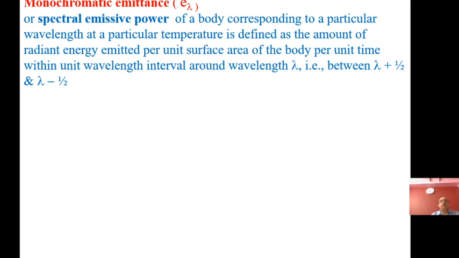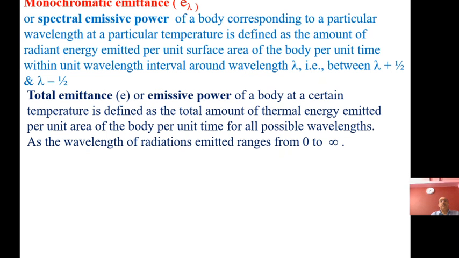For a particular temperature, it is the amount of radiant energy emitted per unit surface area of the body per unit time within a unit wavelength range near the wavelength lambda, that is, from lambda minus half to lambda plus half. It is represented by E lambda.